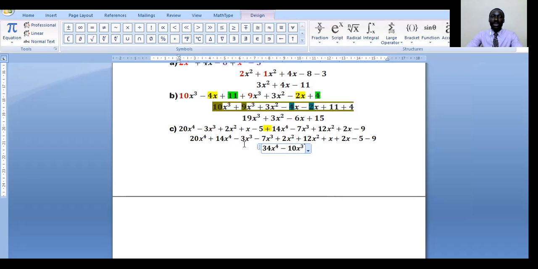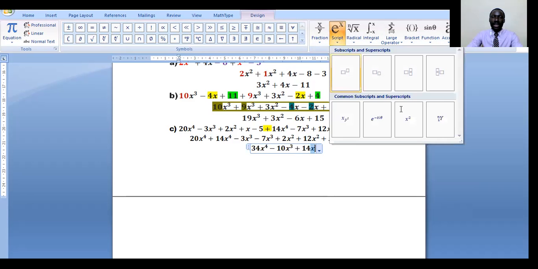Then now we move on to the component of x squared. So we have to add this 2 right here onto this 12 here. Notice that when we add 2 to 12, we get 14. So that will give us plus 14x squared.